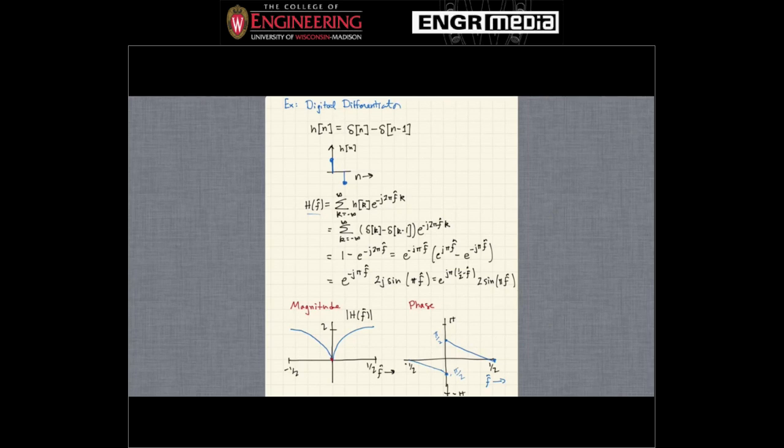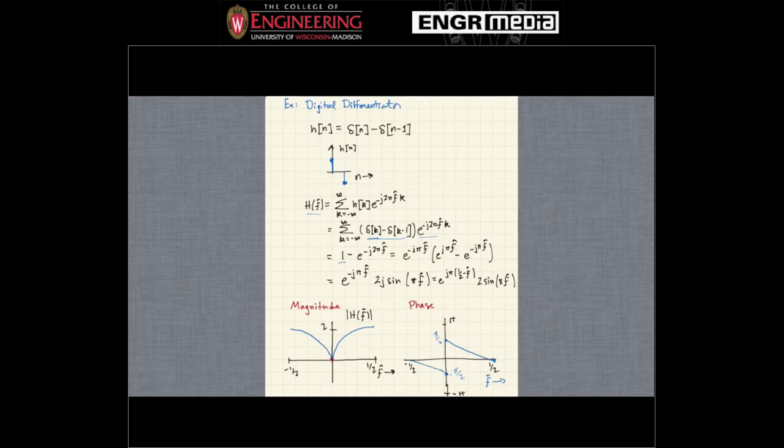All I'm doing here is plugging in the definition of the impulse response, and notice that that's only non-zero for the values k equals 0 and k equals 1. So when k equals 0, we end up with this delta times e to the j 2 pi f hat times 0. So that just gives us a 1, right?